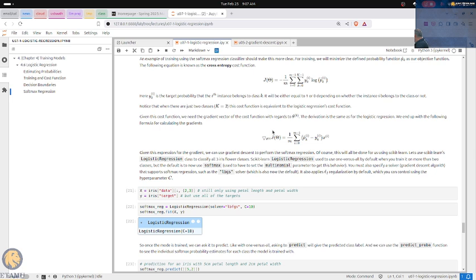But yeah, so for logistic regression in scikit-learn, it has support for doing multi-class classification using softmax built in directly to it.